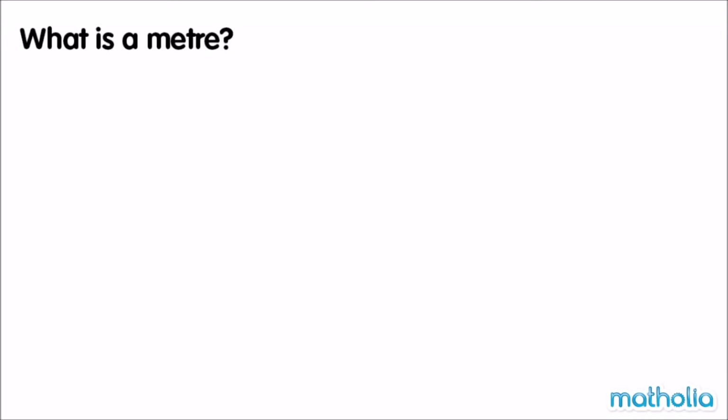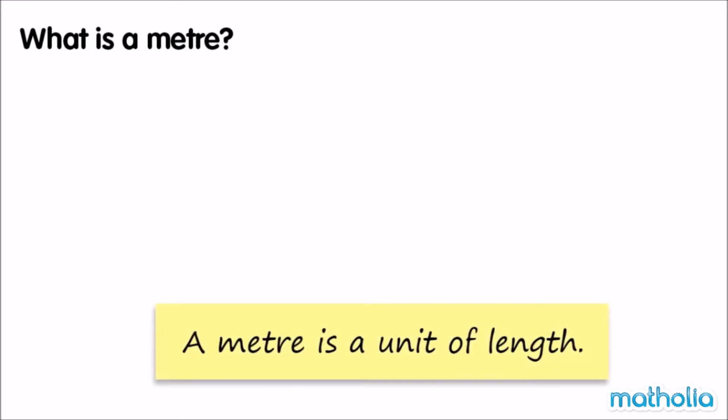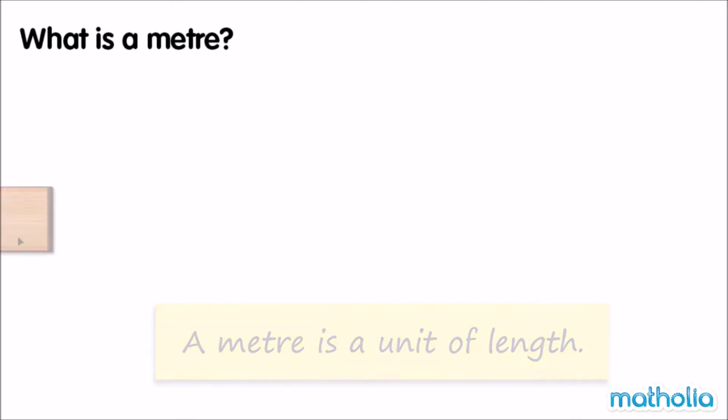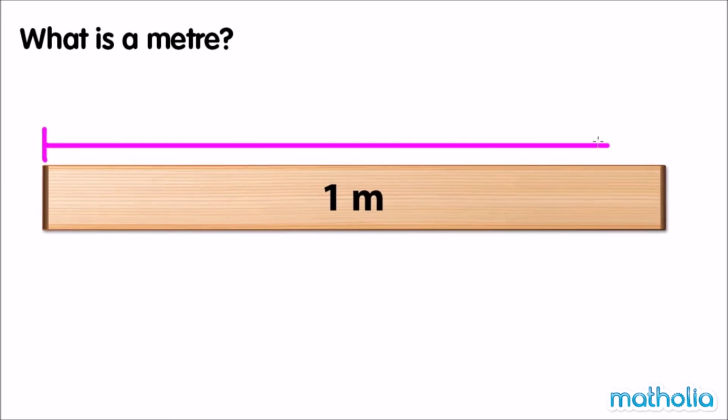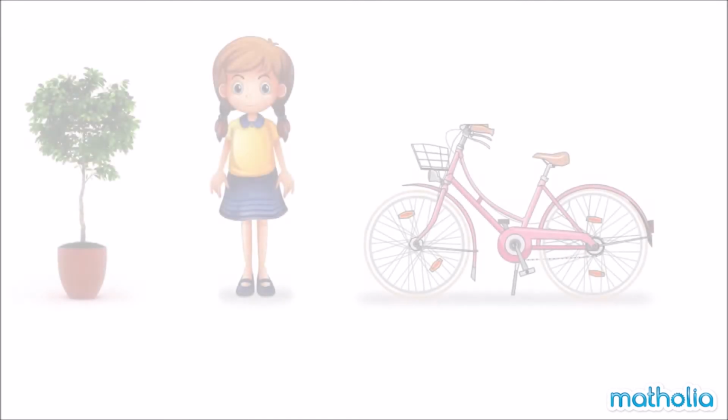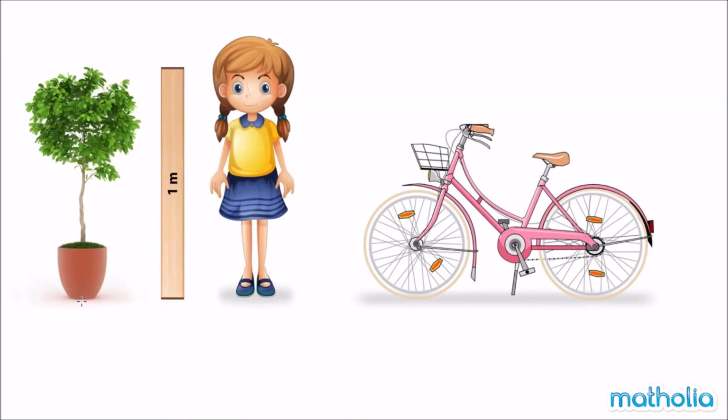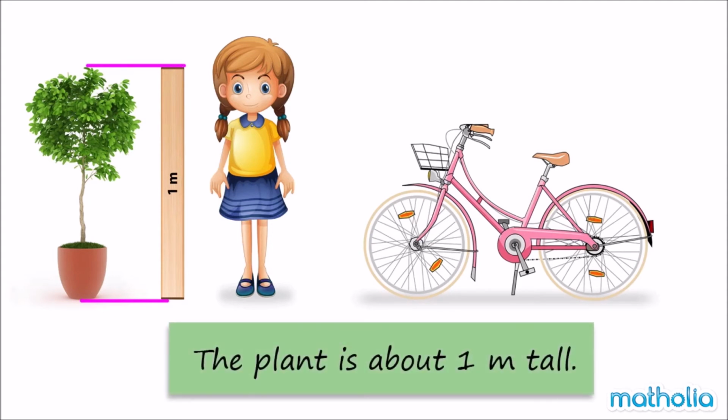What is a metre? A metre is a unit of length. We can measure meters using a ruler like this. This ruler has a length of 1 metre. We can write 1 metre as 1 m. The plant is about 1 metre tall.